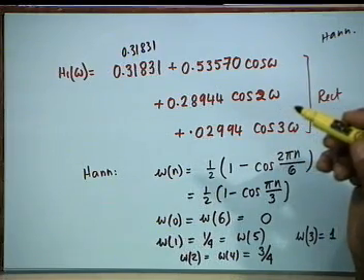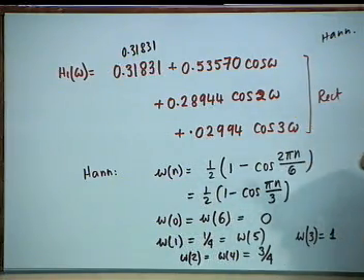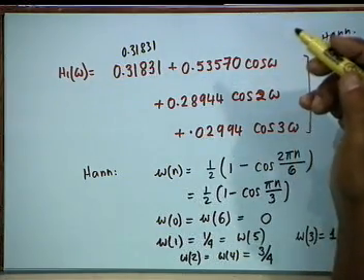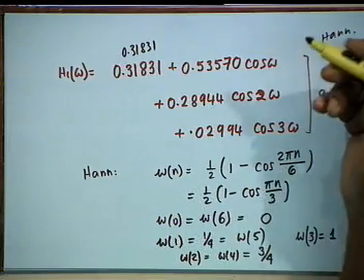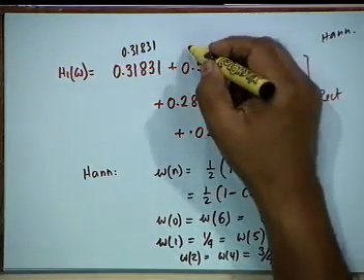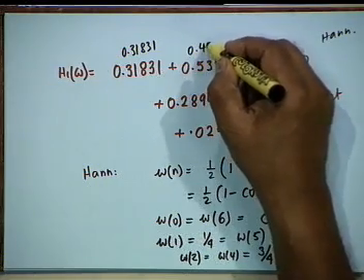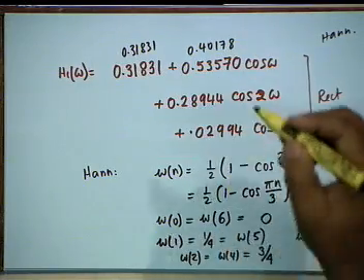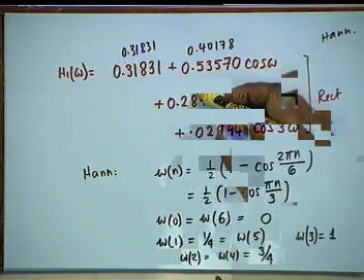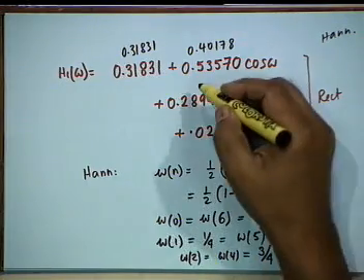So, this would be multiplied by 1 quarter. W2, that is 3 quarter, 0.75, that is correct. So, this becomes 0.40178 cosine omega.